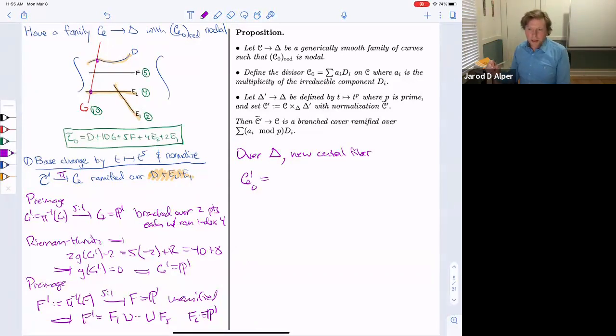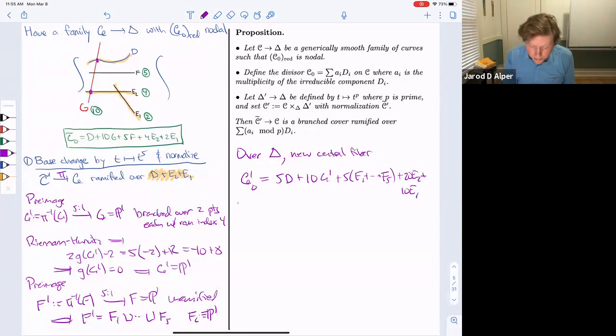It was ramified over D, so we now pick up 5 copies of D, and there's 10 copies of G prime plus 5 times, and then I have 4 E2, but that becomes a 20 E2 plus a 10 E1.